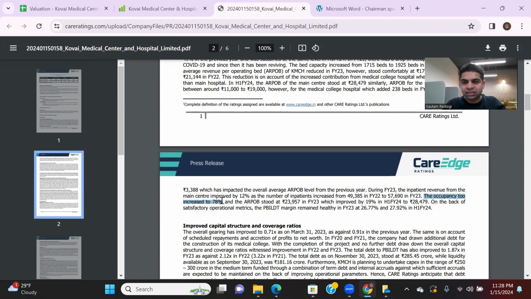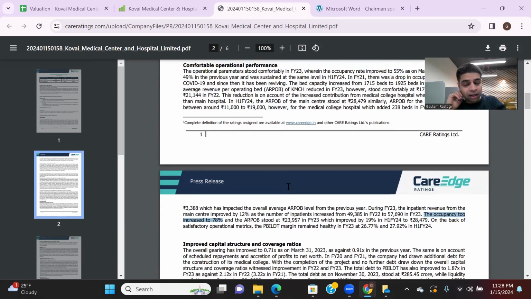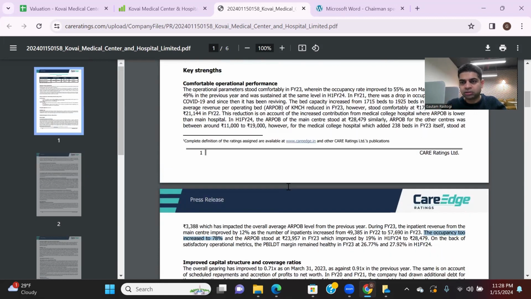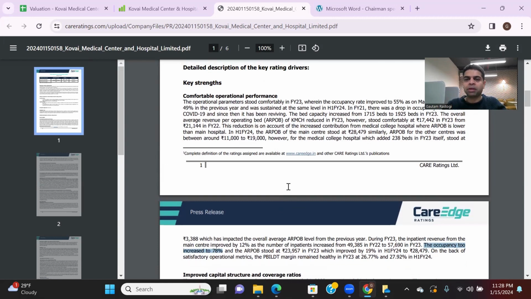So that means the occupancy in the medical college is pretty low right now because it opened recently, and in the satellite centers it is also pretty low. Although we have that information, we can make an assumption, using the analysis that we did, that perhaps in the main center they may add some capacity if they have any space left. But that would be piling assumptions over assumptions.